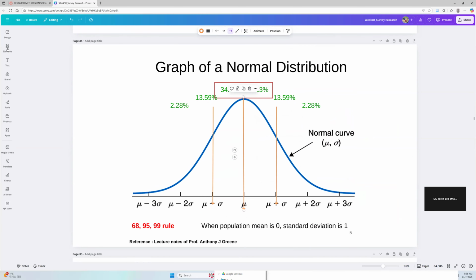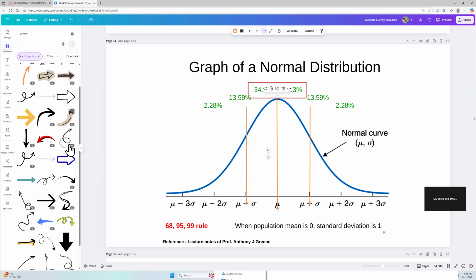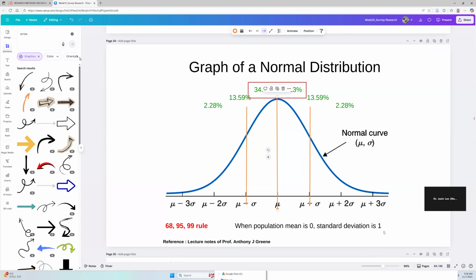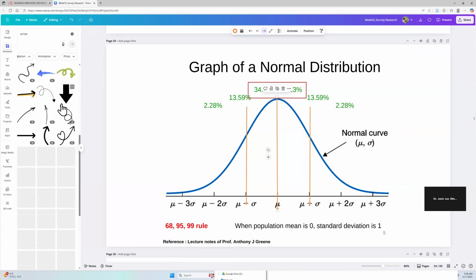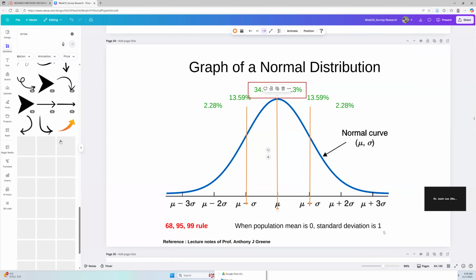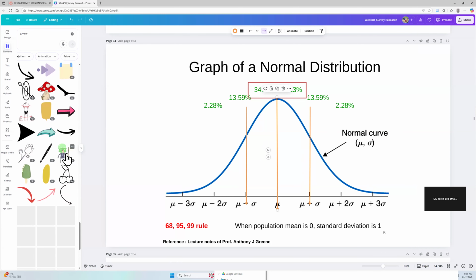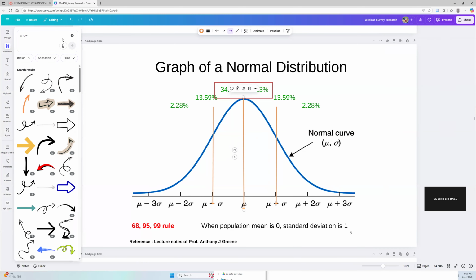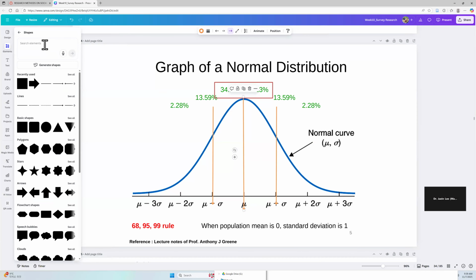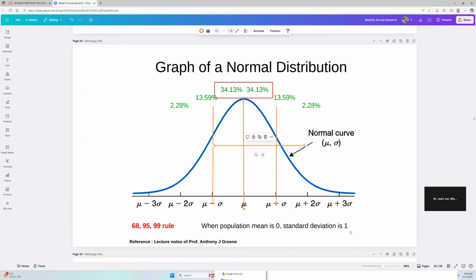So within one standard deviation, I'm putting an arrow. I need a two-sided arrow, but I cannot find it here. Maybe shape. Okay, here it is. All right. Thank you for your patience.